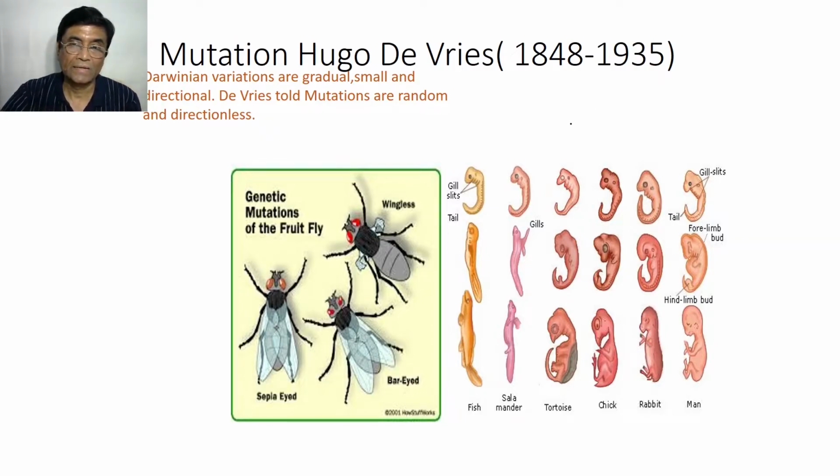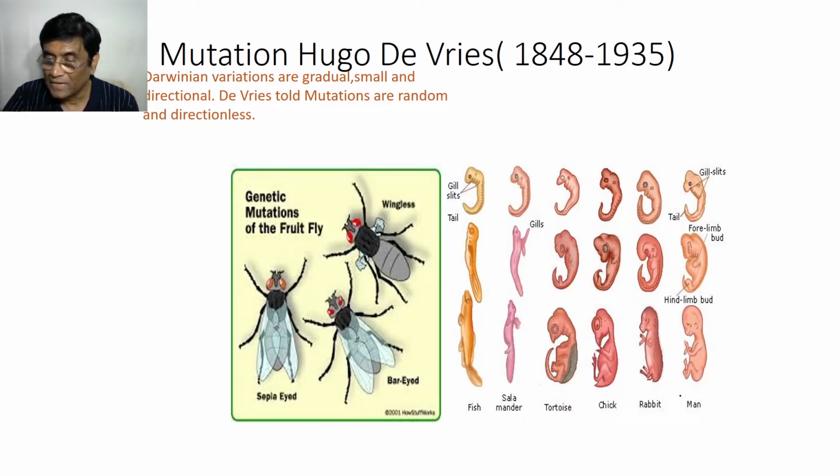He brought the concept of mutation, that is sudden, random and directionless changes which take place, and which explains why the species coexist. I mean, from one to another to another, it's not gradual. The one which remains still remains, and that concept is called ontogeny repeats phylogeny. When a species evolved from some other species, in some stage of the development, it tries to retain that character.